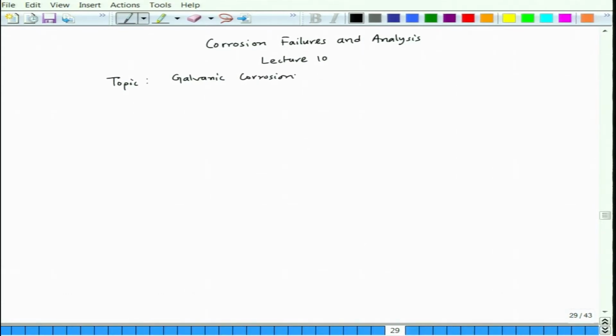Galvanic corrosion, and before we move to galvanic series, let us put this most important factor in galvanic corrosion: the preferential cathode and anode. This is one of the most important factors.